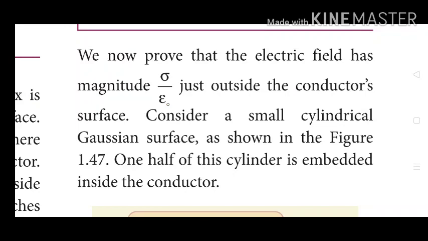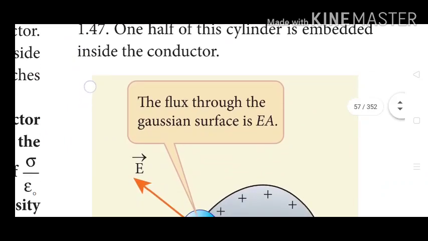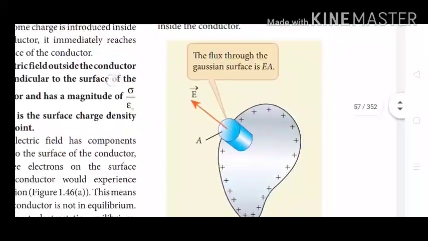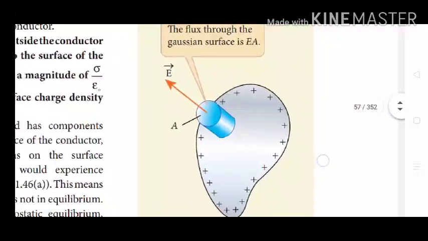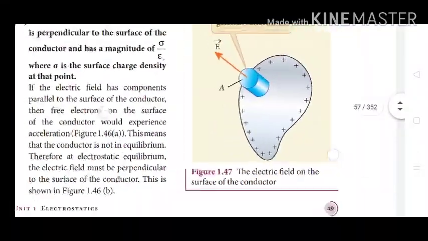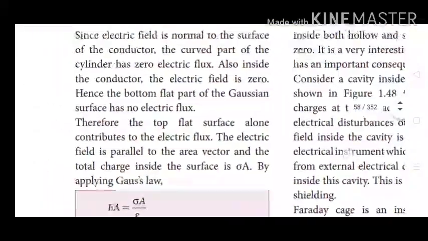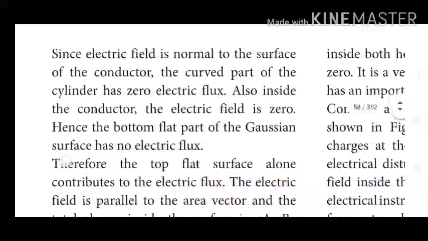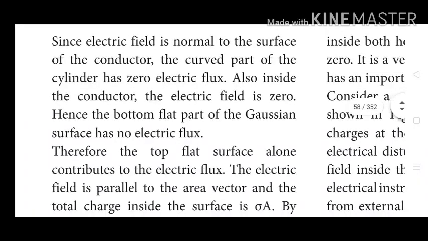We know the proof that the electric field has magnitude sigma by epsilon naught just outside the conductor's surface. Consider a small cylindrical Gaussian surface. One end of this cylinder is embedded inside the conductor. See, children, in the diagram, the flux through the Gaussian surface is EA, where E is the electric field due to the charges.